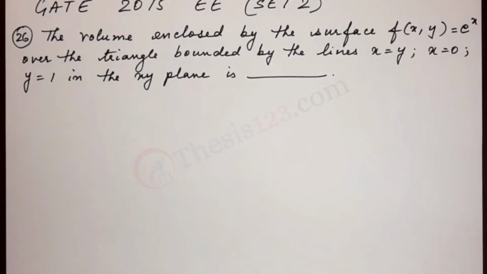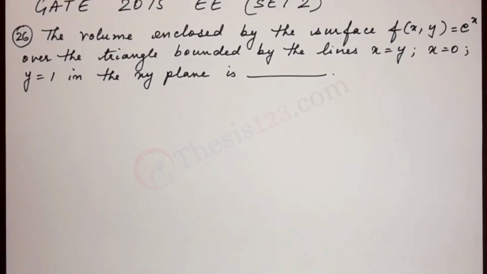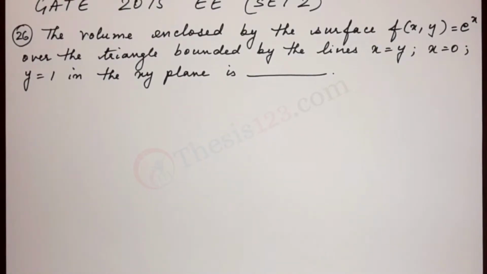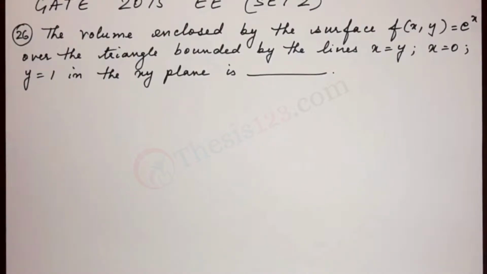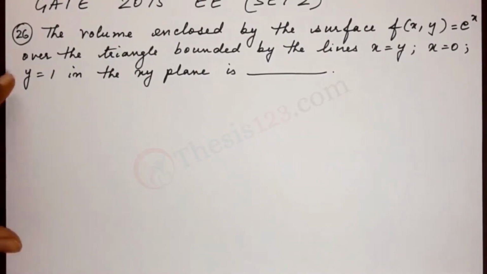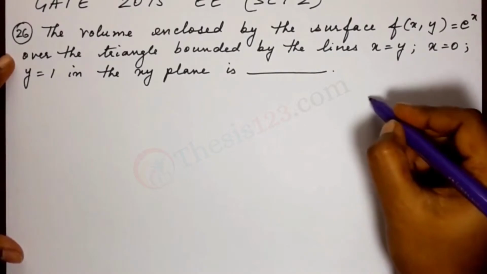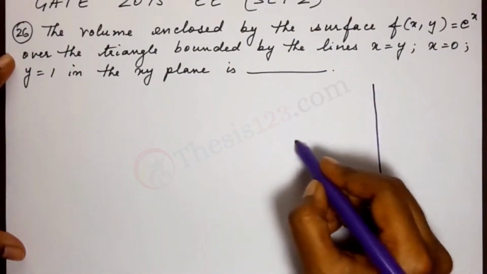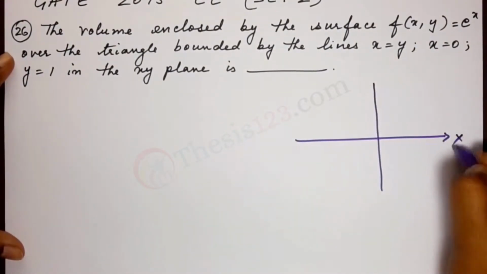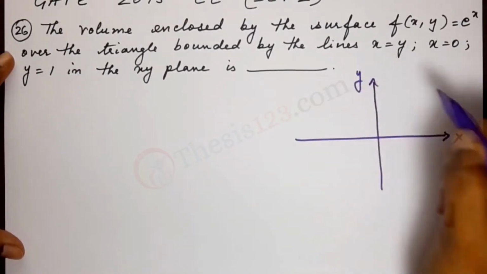Let's start by drawing a graph which depicts the three lines given to us in the xy plane. So here's our axis, x, y.